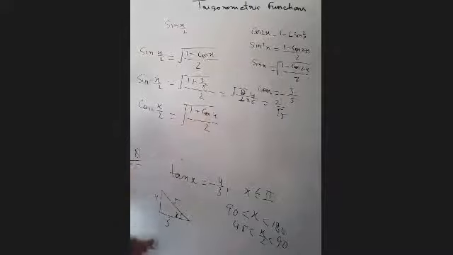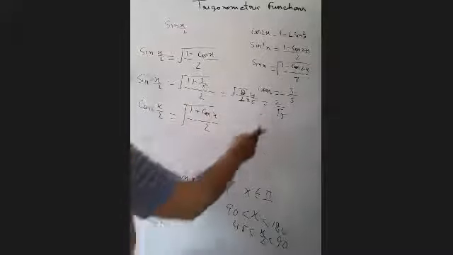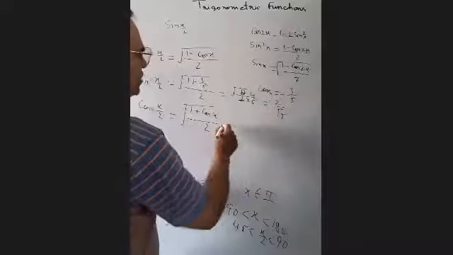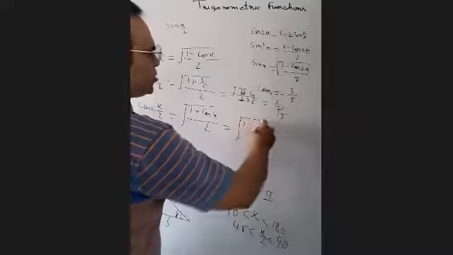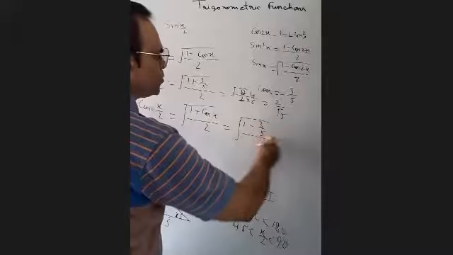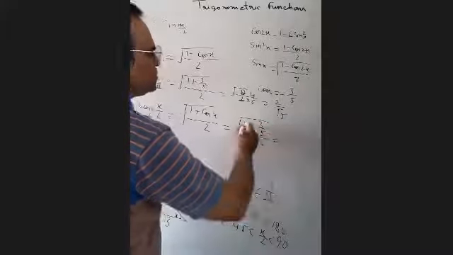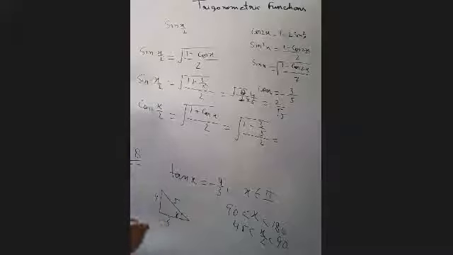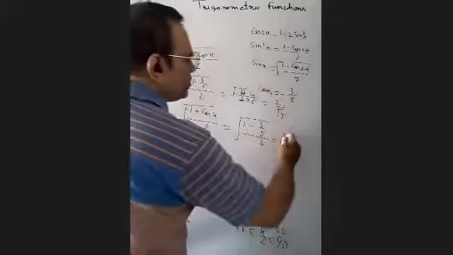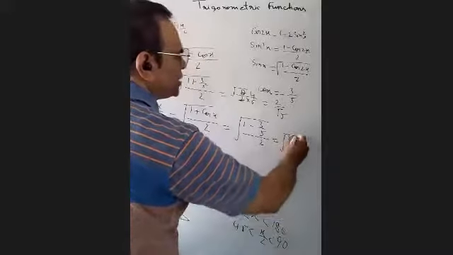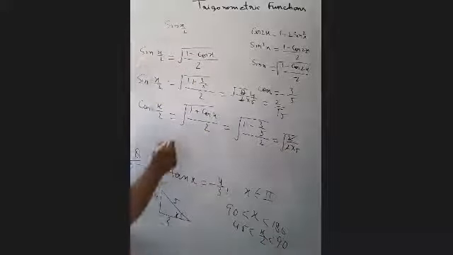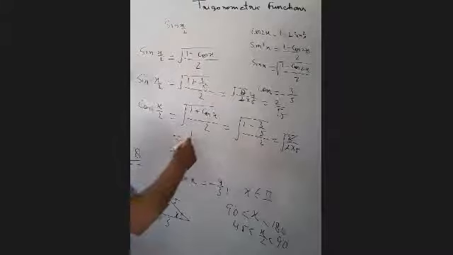The value of cos x is equal to minus 3 upon 5. If you put this value, 1 minus 3 upon 5 divided by 2, you will get 5 minus 3, यानी कि 2 upon 2 into 5. 2 से 2 we can cancel. The value of cos x by 2 is equal to 1 upon root 5.